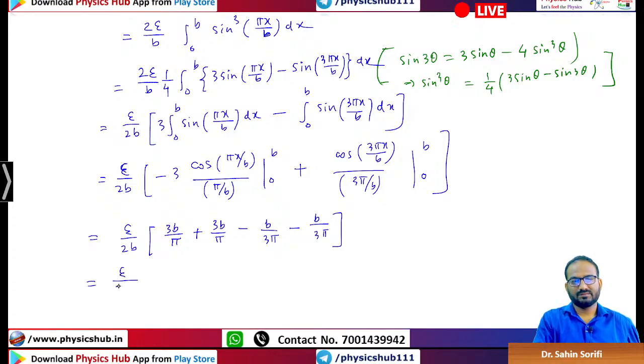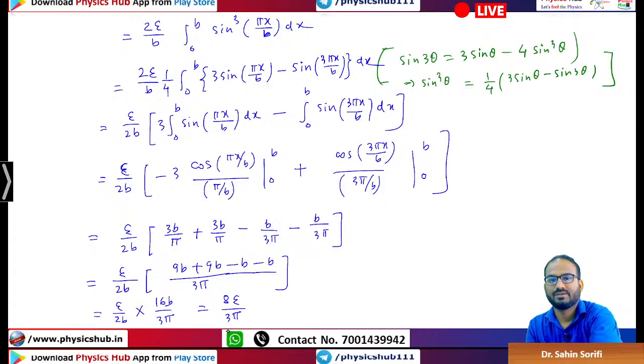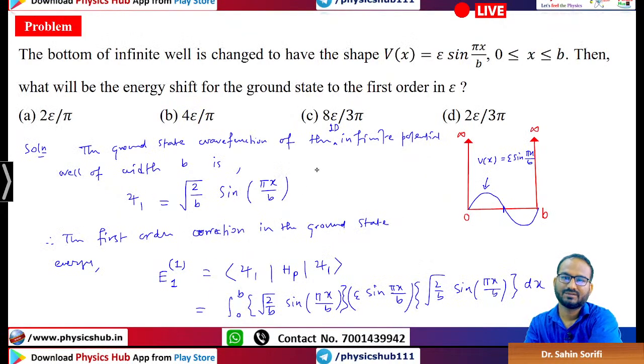This equals epsilon by 2B. Taking 3 pi common, LCM 3 pi, so 9B plus 9B minus B minus B, and this equals epsilon by 2B into 18B minus 2B, which is 16B by 3 pi. So B gets cancelled, 2B, so 8 epsilon by 3 pi. It is matching with option C.